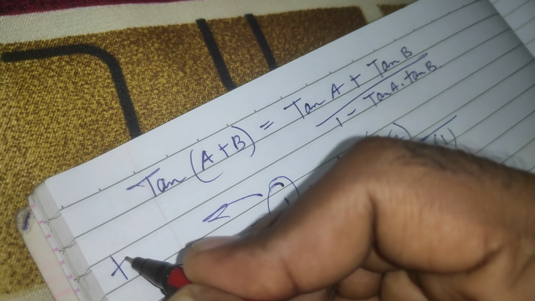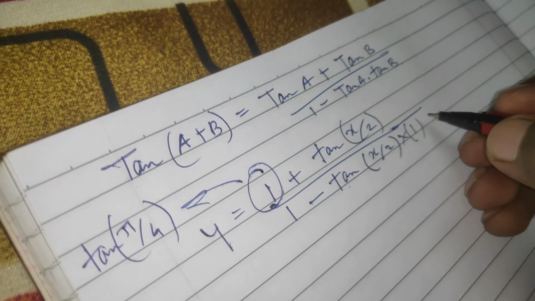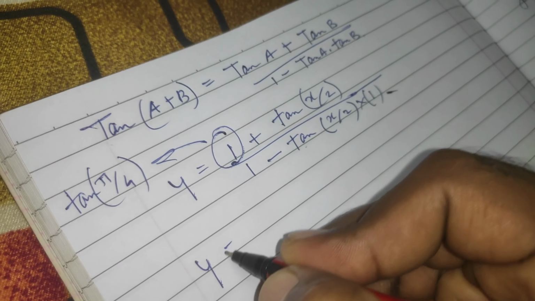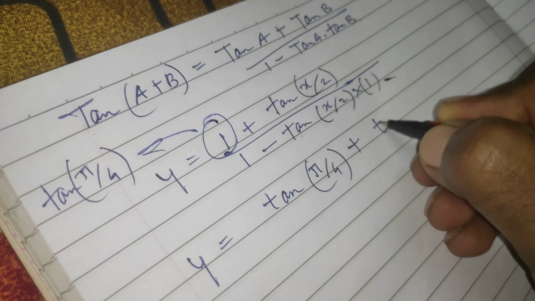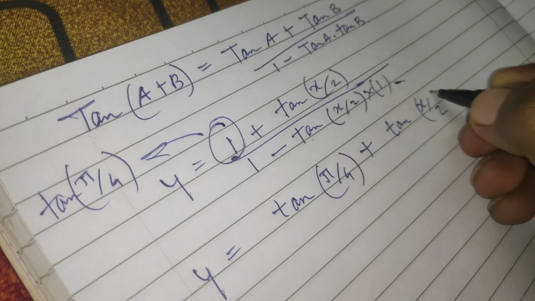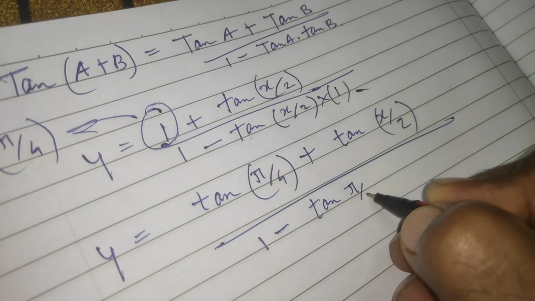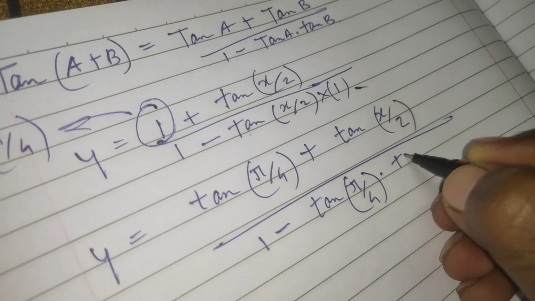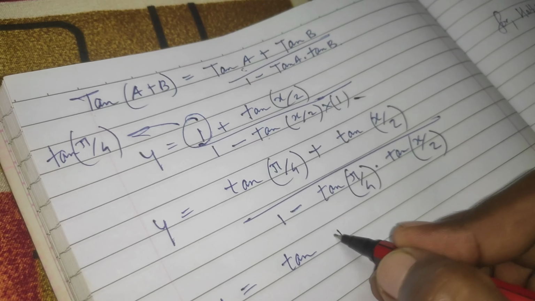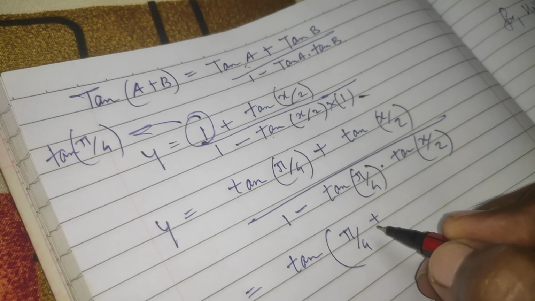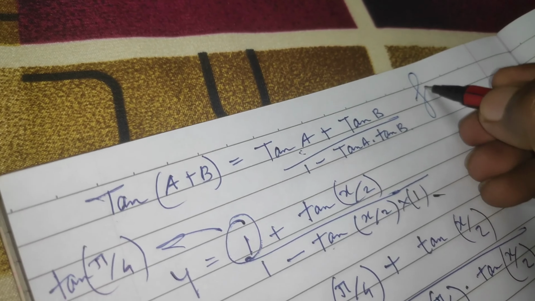So 1 is tan 45, pi by 4. So here all angles are in radian, so y equal to (tan pi by 4 plus tan x by 2) upon (1 minus tan pi by 4 into tan x by 2). So tan 45 is 1. Okay, so tan (a plus b), which is tan (pi by 4 plus x by 2). This is the standard formula we have used now.